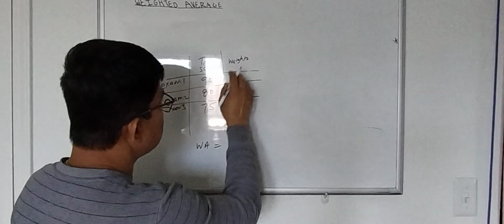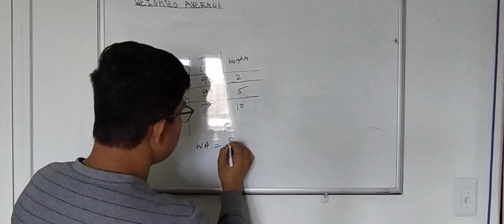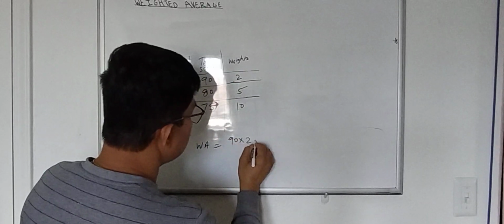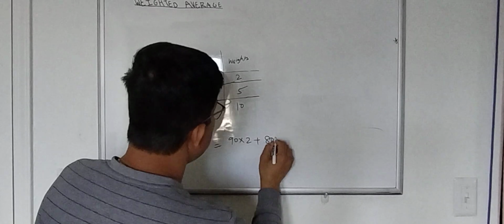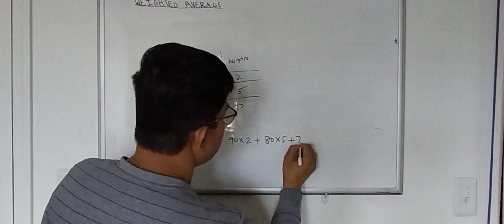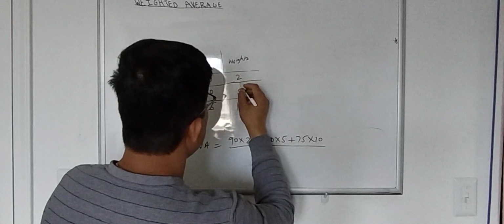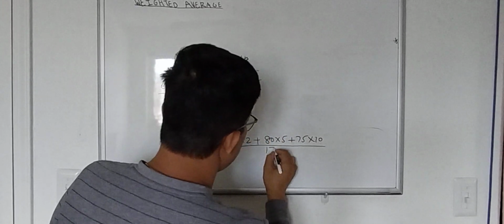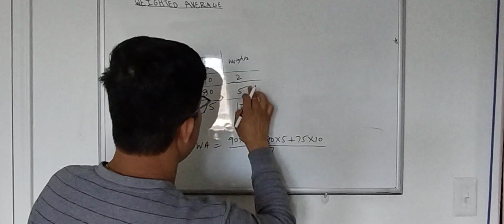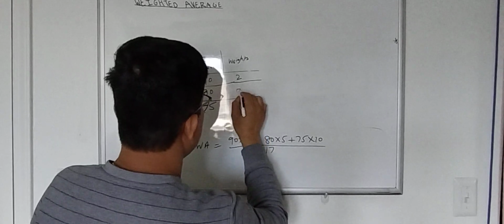So now all 3 exams have some weights assigned to each. So the first one is 90 times 2, 80 times 5, 75 times 10, and divided by the sum of the weights: 2, 5, 7, 17. Oh, bad number. I selected a bad number. Let's take 3 here.